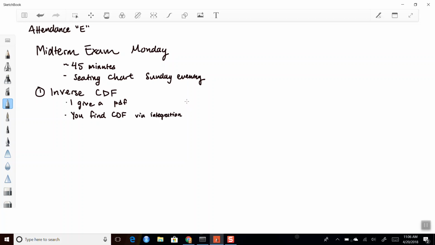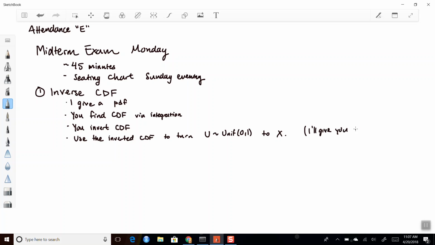You invert the CDF, and then use the inverted CDF to turn U drawn from uniform 0, 1 to X. I'll give you U and you give X. Does that make sense?